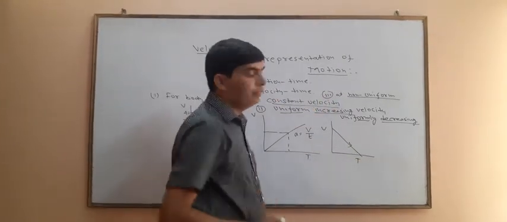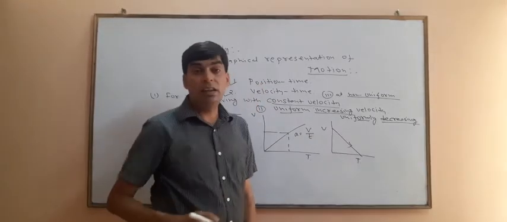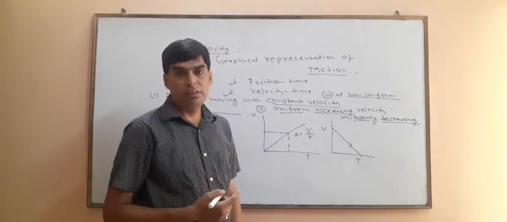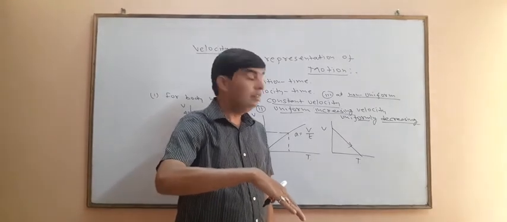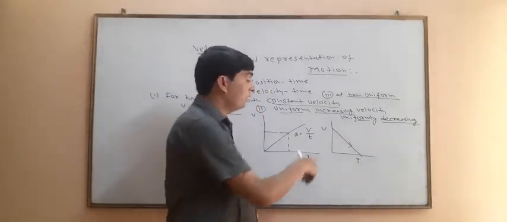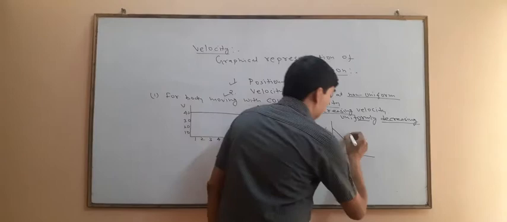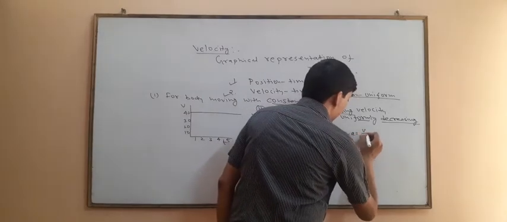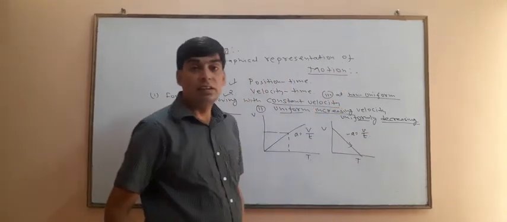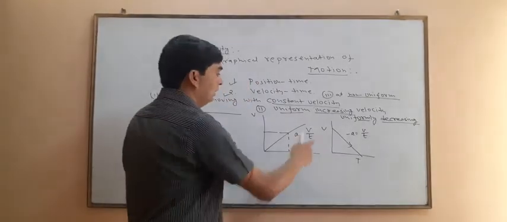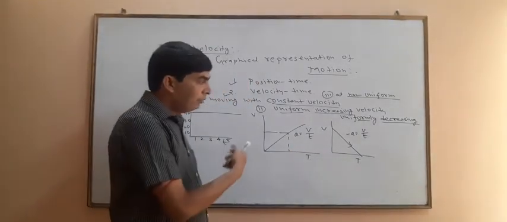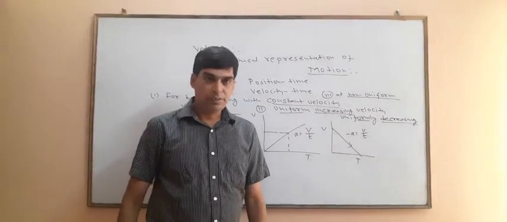On this graph, it will ask what quantity we are getting by the slope of the graph. Yes, it is retardation, because it is the acceleration in the opposite direction. So velocity is decreasing, so there it is minus a equals v by t. The minus shows that the velocity is getting decreased. So it's a retardation. We have so many other types of graph based on this. Let's see.